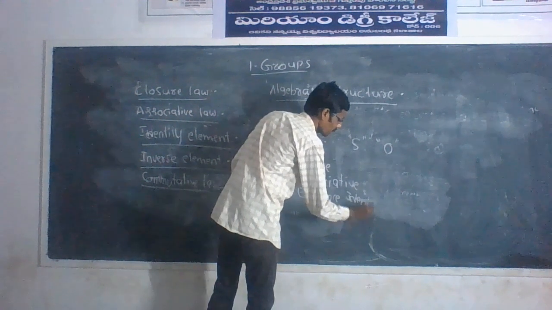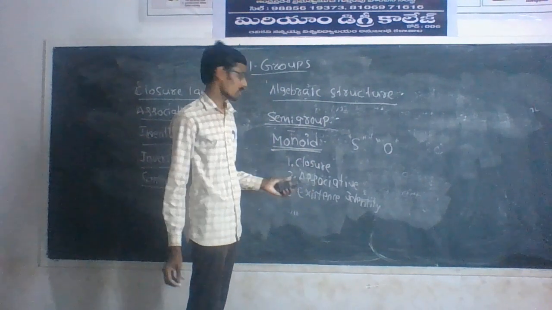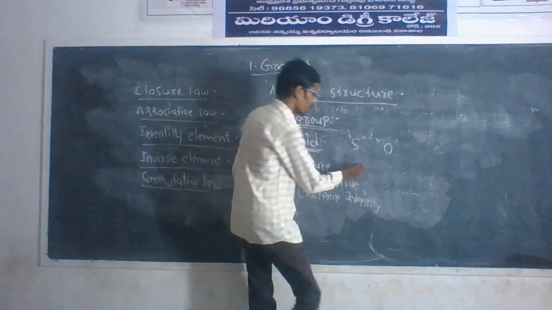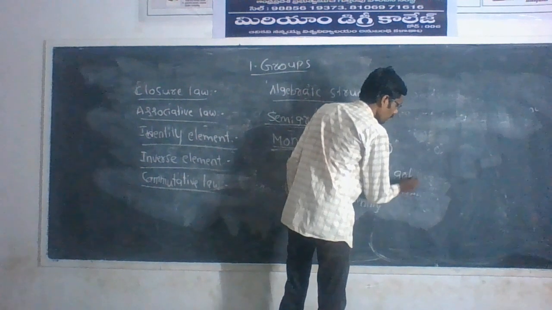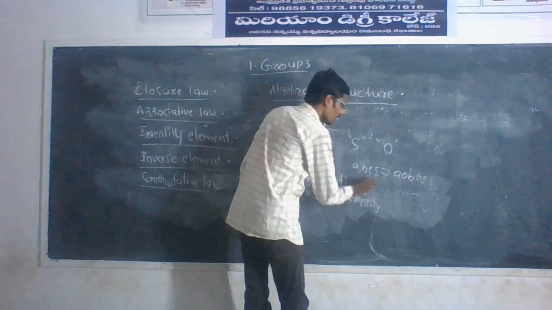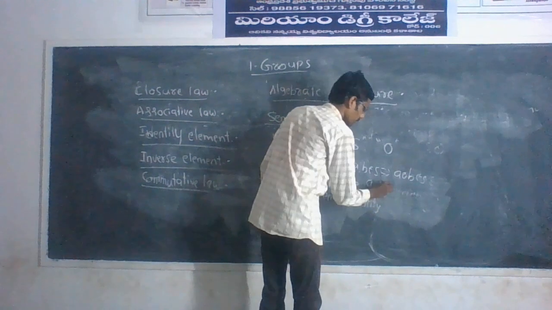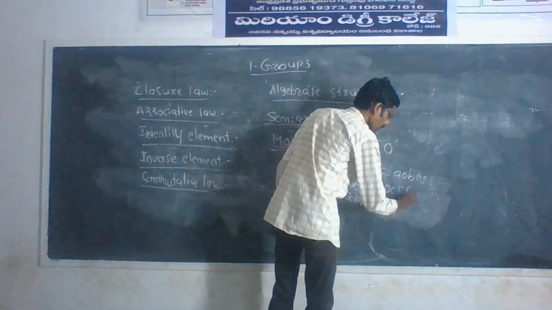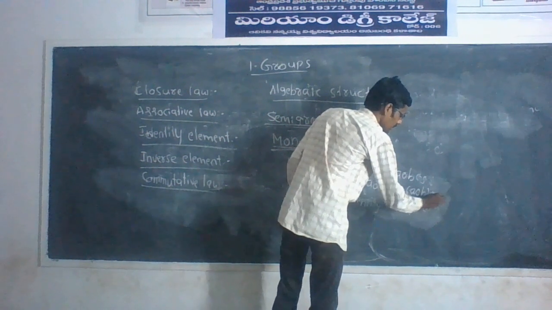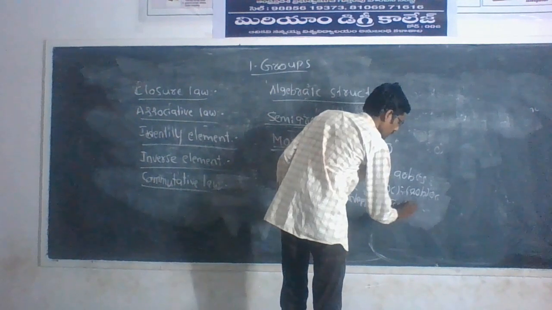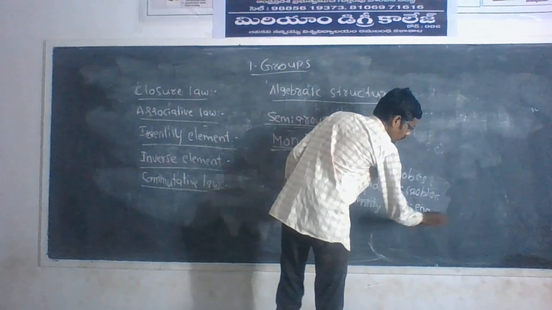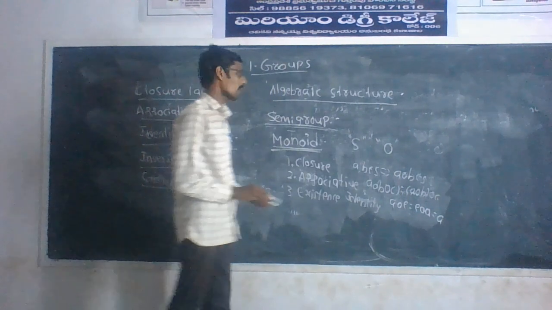Closure means a, b belongs to S implies a circle b belongs to S. Associative: (a circle b) circle c is equal to a circle (b circle c). Existence of identity: a circle e is equal to e circle a is equal to a. It is called a monoid.